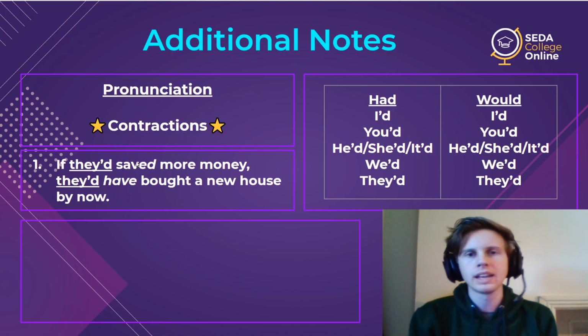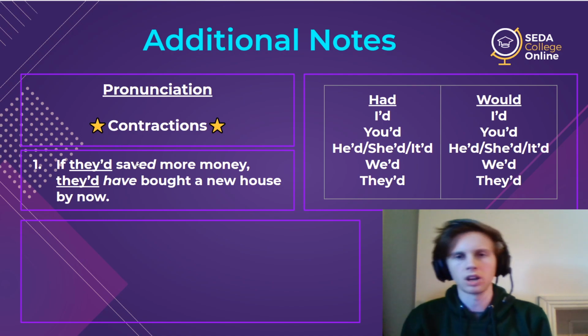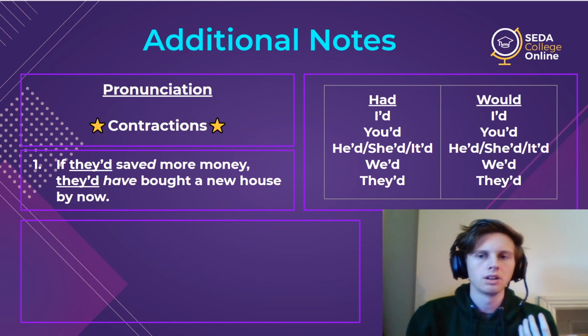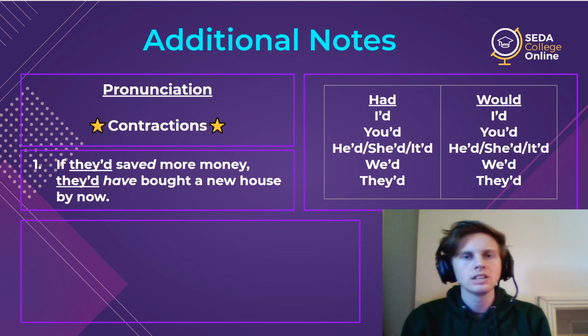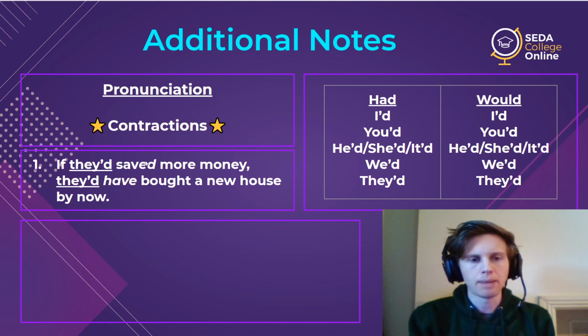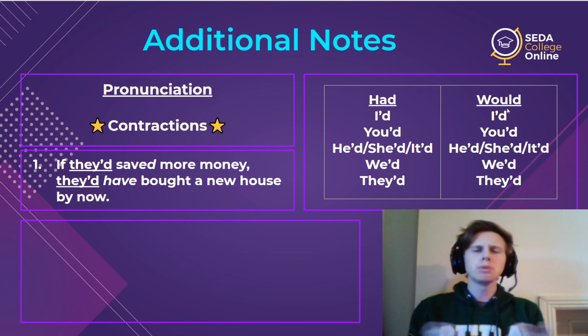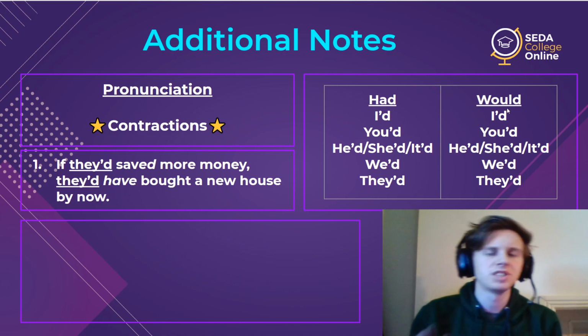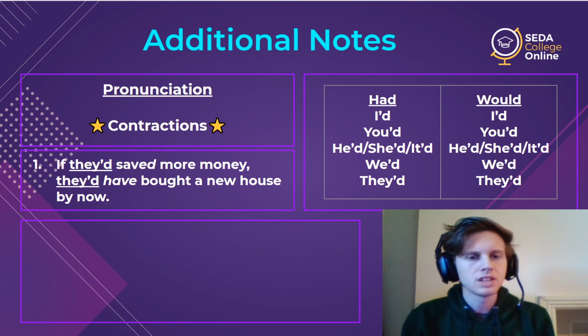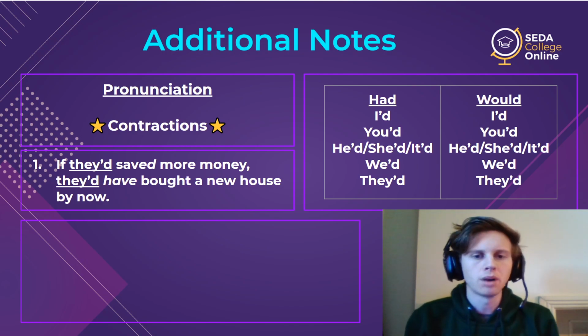So that's really how you can check which one you are talking about. Is it would or is it had? Well, if it's past participle, it's had. If it's base form, it's would. That's one way. But really, these contractions are kind of simple. If they'd have saved more money, they'd have bought a new house.